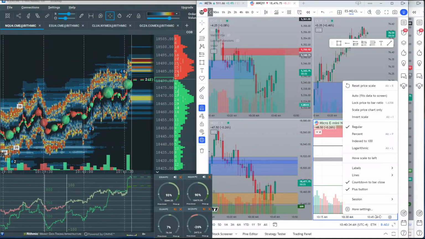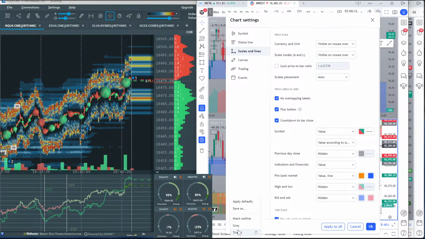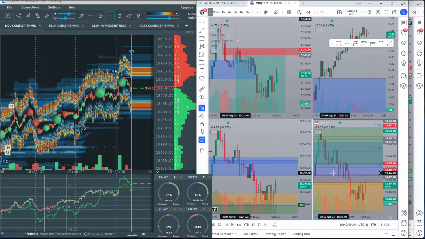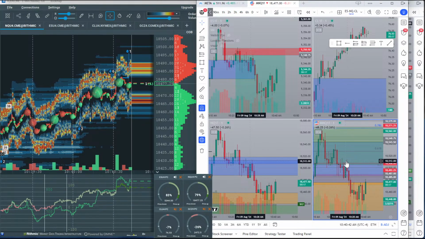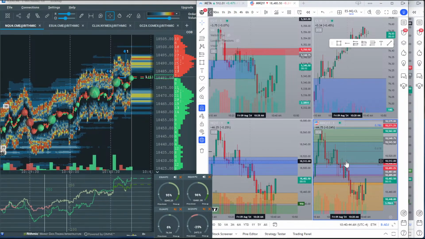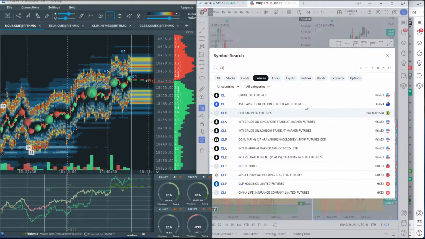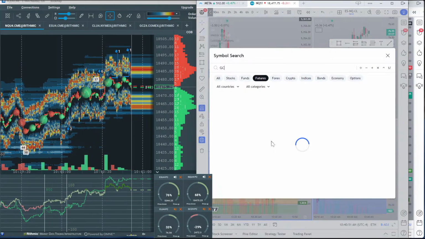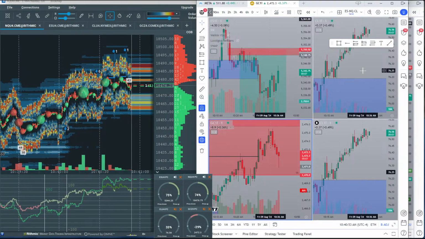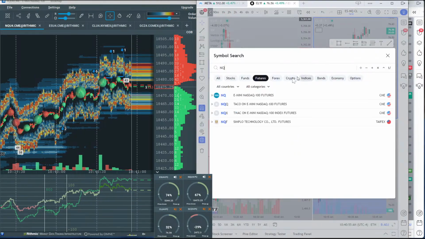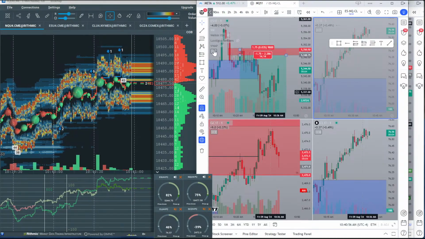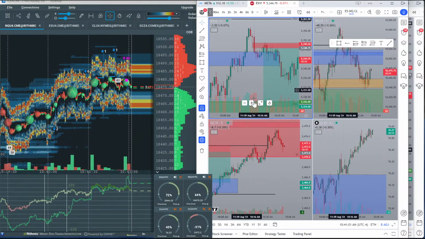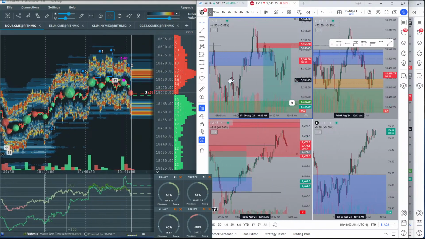And we'll put, what do we want to put? We'll put crude on this one. We'll put gold on this one. And we'll put the NQ on this one. That way we have our ES, our NQ, our gold, and our crude.